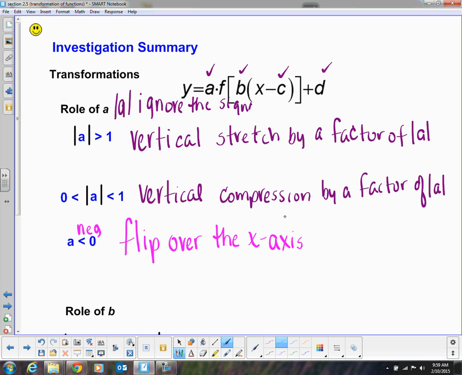If you flip over the y-axis, the even people couldn't see it. But that's why you were supposed to talk to your teammates, because whatever it did to your function, it did to the other. And if I have a y-axis flip and it's even, it did flip. It just looks the same. All right, any questions about A?